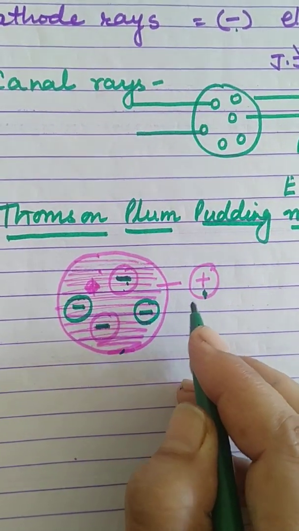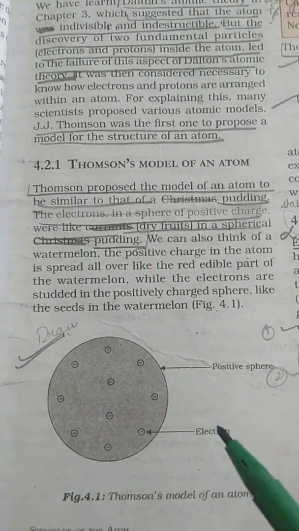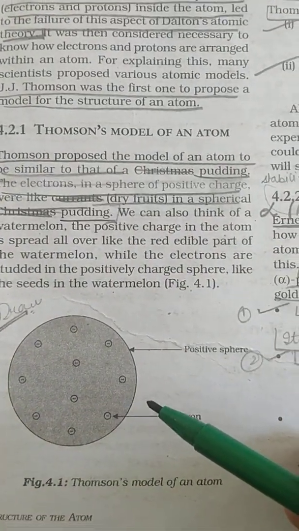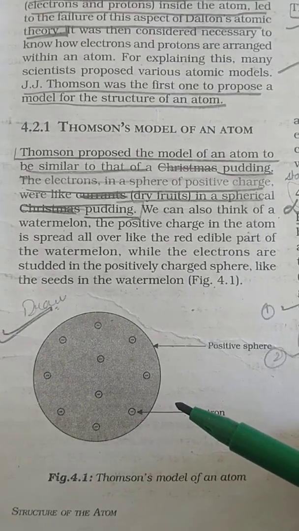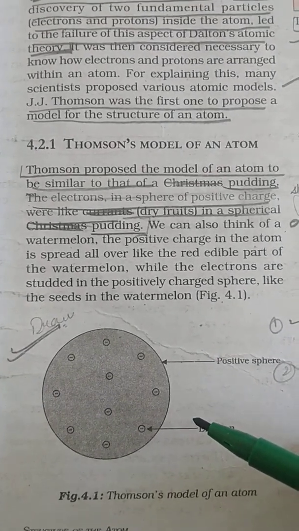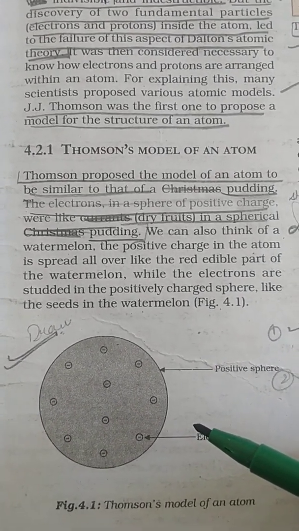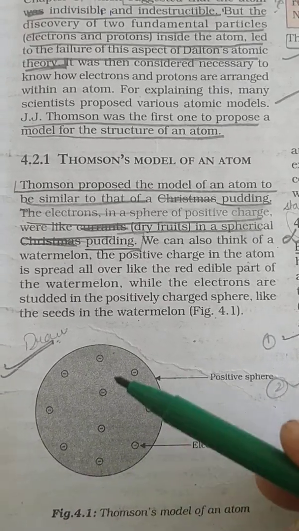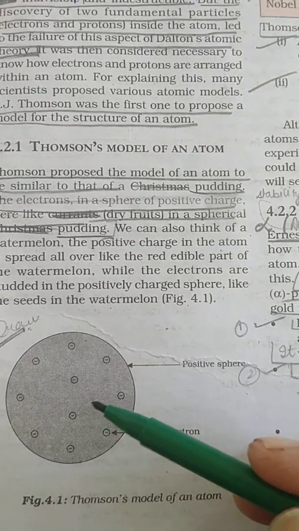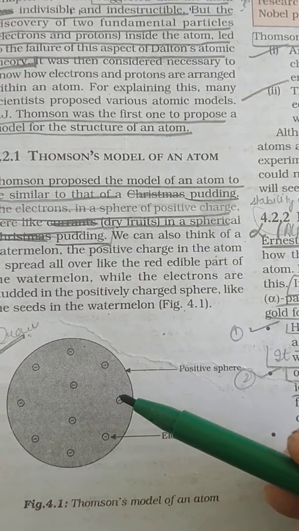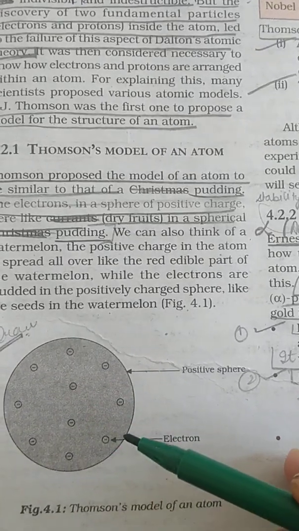So this was the drawback of Thomson's model. He was not able to explain the stability of an atom. According to him, the complete sphere was positive charge, this grey part, and electrons were embedded.